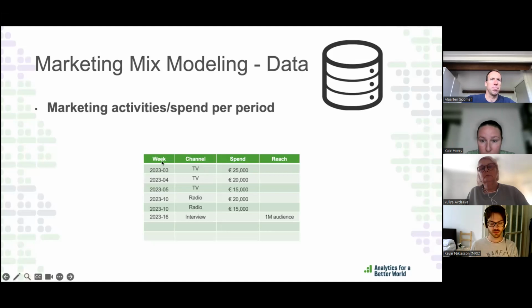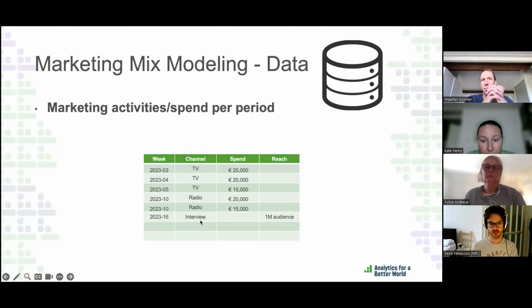So for example, here is a simple example. Here you see on a weekly basis all kinds of data on what we're doing. And so for some weeks we were advertising on television, and some other weeks we were advertising on radio.